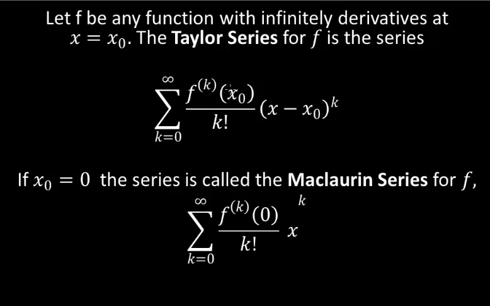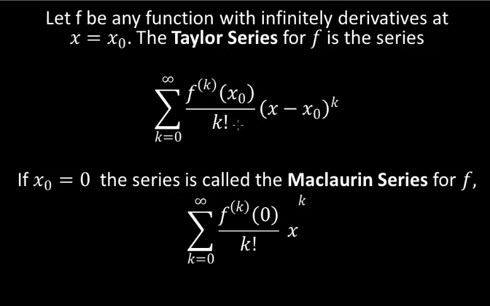For example, the coefficient of (x minus x naught) cubed will be the third derivative at x naught divided by 3 factorial. The coefficient of (x minus x naught) to the 10th is the 10th derivative evaluated at x naught over 10 factorial. There is no other way that a power series converges to a function f or represents a function f without having these as its coefficients.